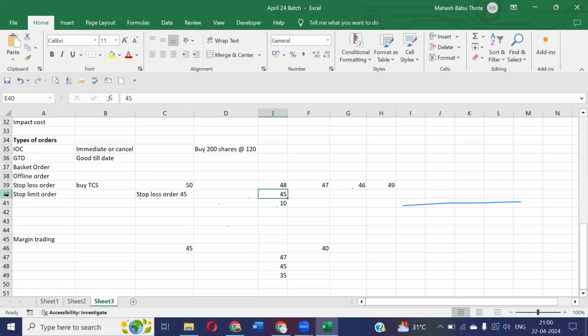But in the stop limit order, we are determining the limit and also the loss. We are giving a trigger point as 45 rupees. Whatever the best price available immediately after, we will choose that one. If you are getting a better price, then only the order will be executed. Otherwise, it will wait, it won't execute. This is called a stop limit order and a stop loss order.